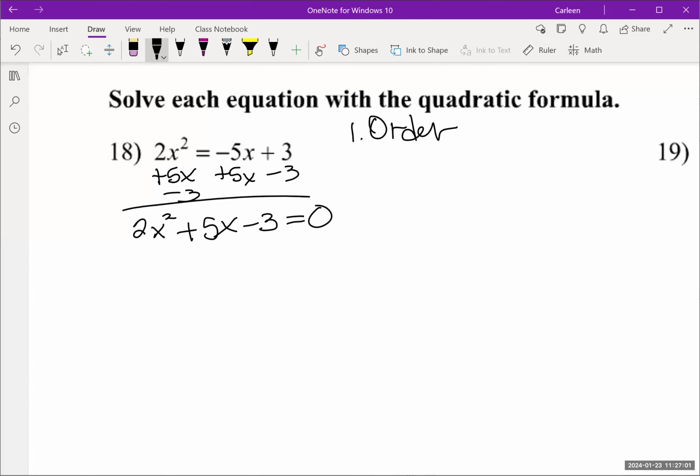Okay. So quadratic formula, x equals negative b plus or minus the square root of b squared minus 4ac all over 2a.